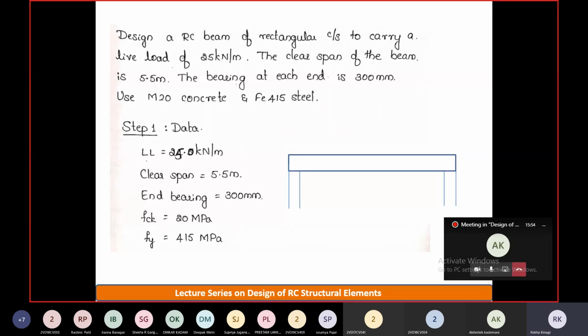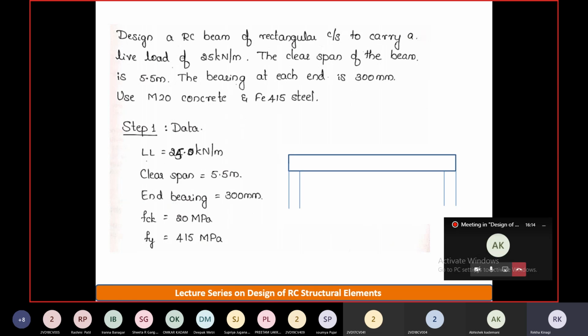Design a RC beam of rectangular cross section to carry a live load of 25 kN per meter. The clear span of the beam is 5.5 meter and the bearing at each end is 300 mm. Use M20 grade concrete and Fe415 steel.